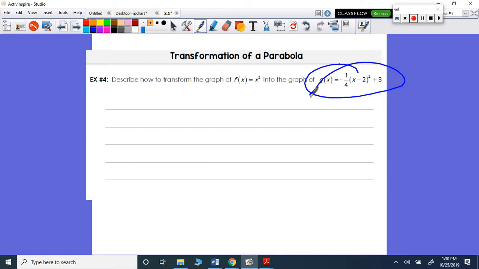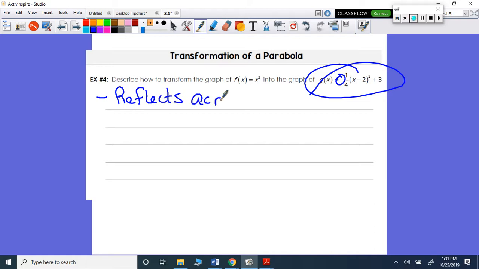You all have already done this. Who remembers what this negative does? Does it flip it over the x-axis or the y-axis? Remember, because it's outside of the parentheses, the negative sign is going to reflect across the x-axis.